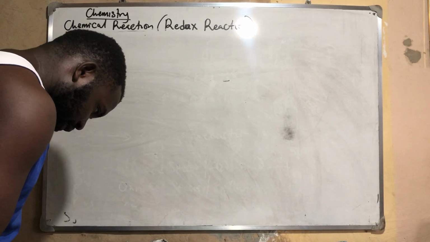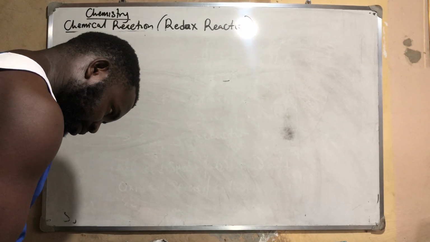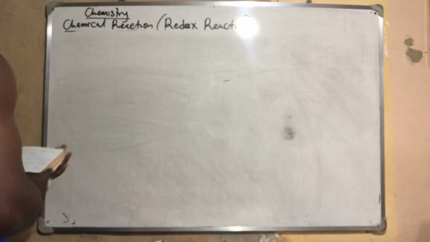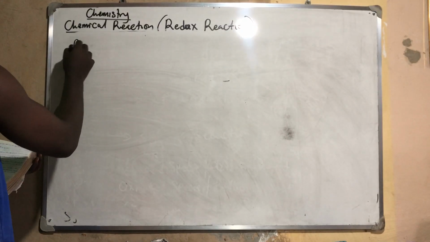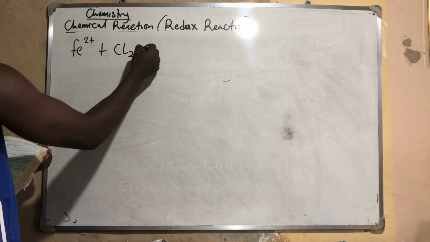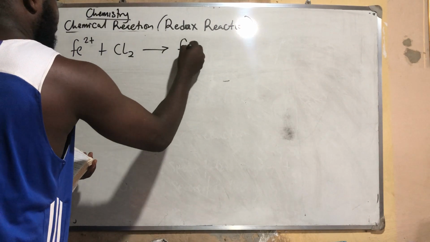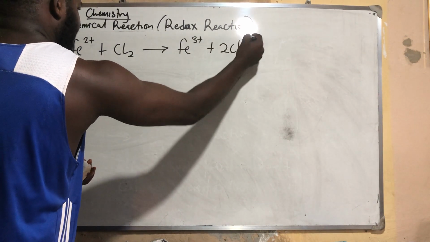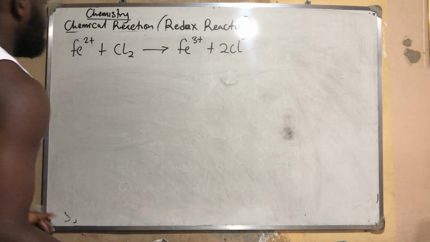So I have the next one. The next question, they gave us Fe^2+ plus Cl2 to give Fe^3+ plus 2Cl^-. Okay, this is very, very simple.